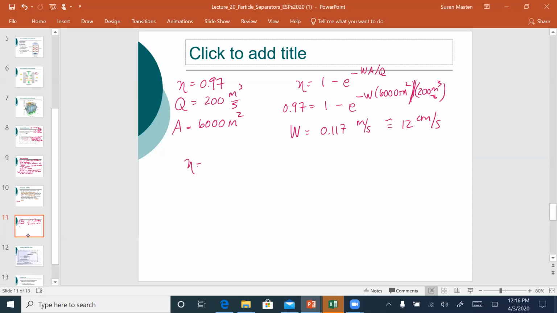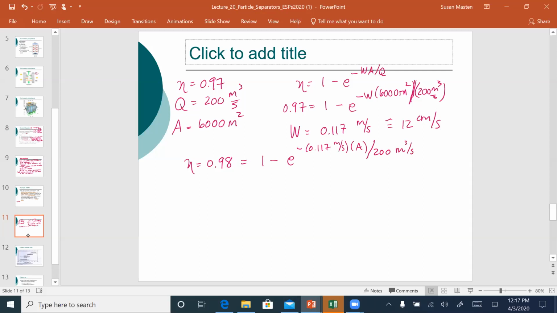Now that we have that, we can set our efficiency to 0.98, and that is equal to 1 minus e. We have our drift velocity now. We're looking for the area, and we'll divide that by the flow rate.